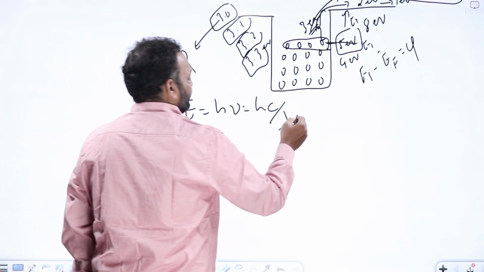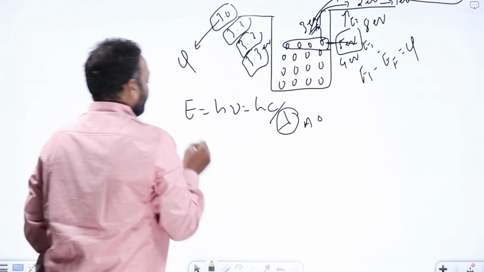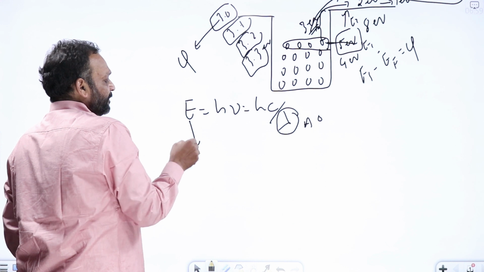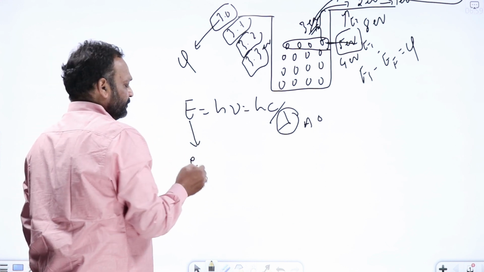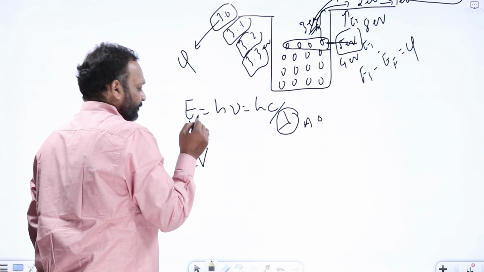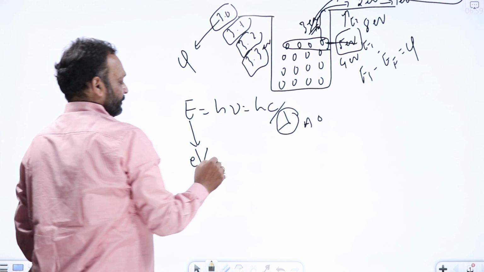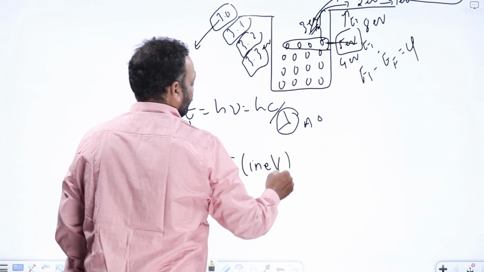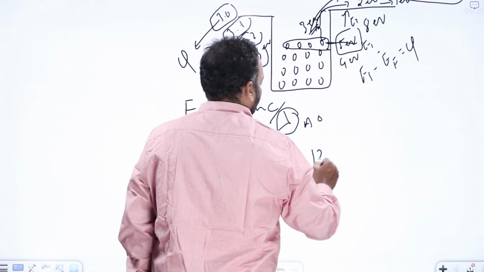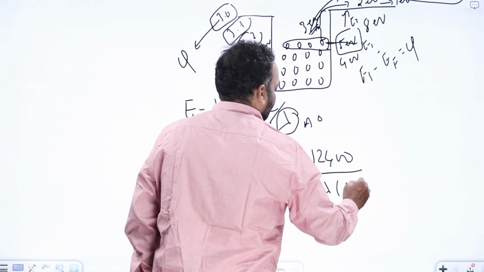When lambda is expressed in angstrom units, and I want the energy of the electron or photon not in joules or other forms but in units of electron volt, there is one straightforward conversion factor. You can take this as 12,400 by lambda, where lambda should be in angstroms.